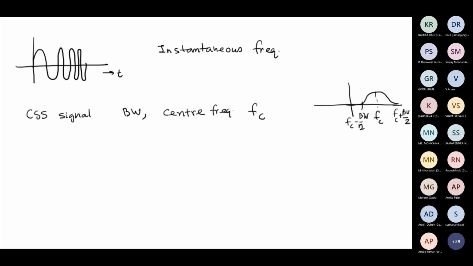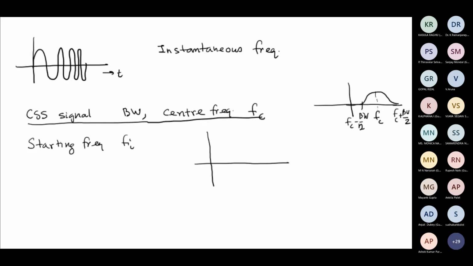Now, given this information, how will a chirp look like? Any given chirp will start with some starting frequency. Let's call it Fi. So at the very beginning, we have Fi as the starting frequency.